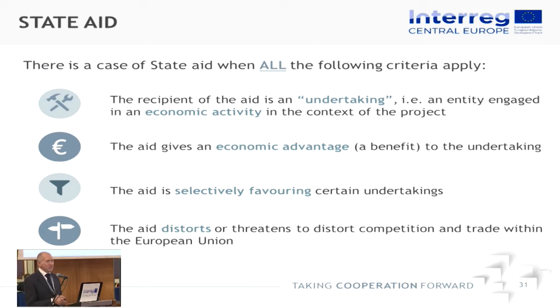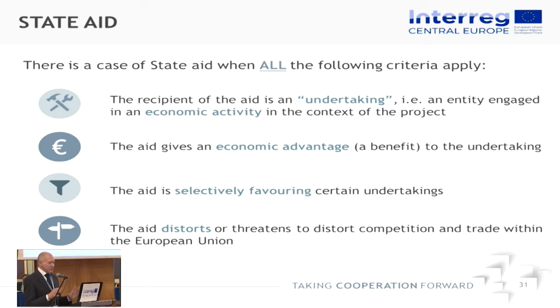You will find the references in our manuals, which tries to summarize what is an economic activity and what is not. But anyhow, for you, in order to understand whether in your project a partner is doing an economic activity, the good question is: would anybody be interested in doing this same activity for a remuneration? This could be a question you could pose to yourself.